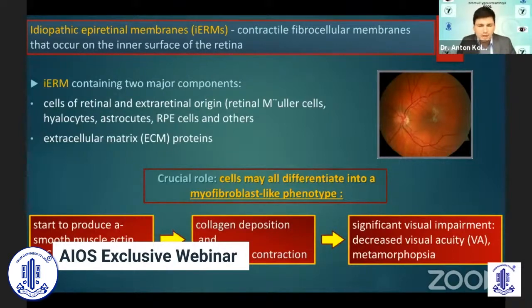Idiopathic ERM consists of different types of cells, including glial cells, hyalocytes, retinal pigment epithelium cells, fibroblasts and myofibroblasts, and extracellular matrix.